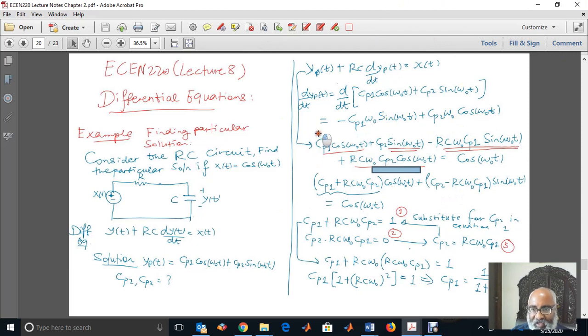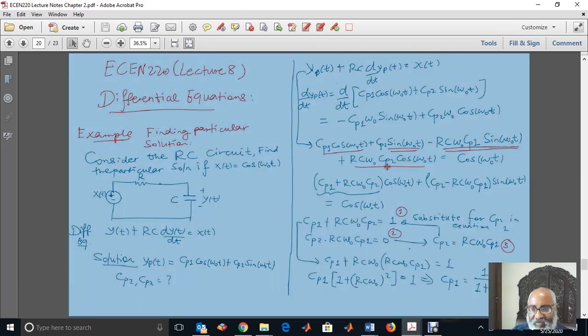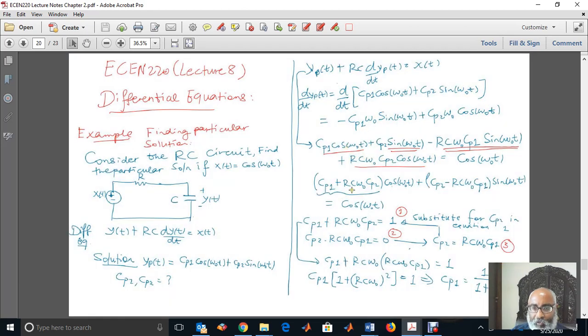Here I have cosine, and here I have cosine. Combine these two, common cos omega naught t: Cp1 plus RC omega naught times Cp2. And we group the sine together, sine omega naught t is common: Cp2 minus RC omega naught Cp1, is equal to cos omega naught t.